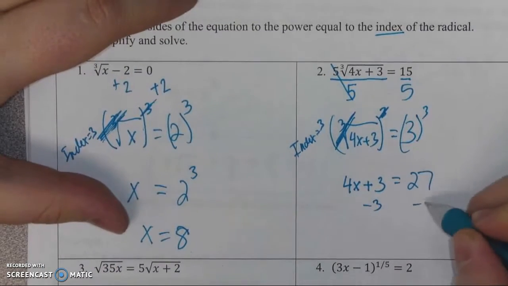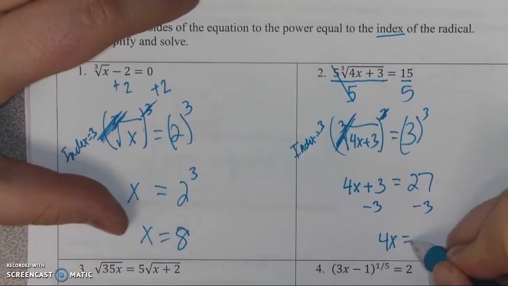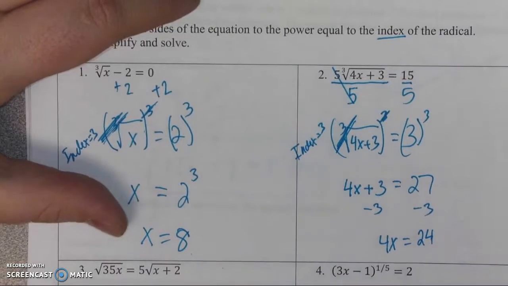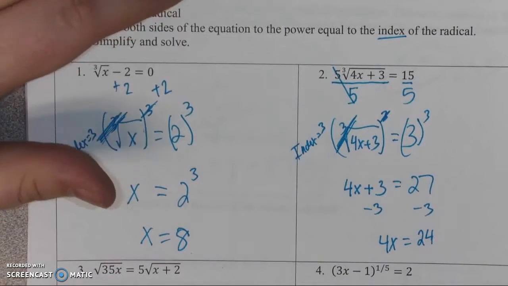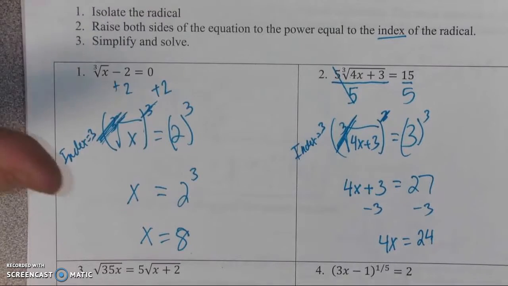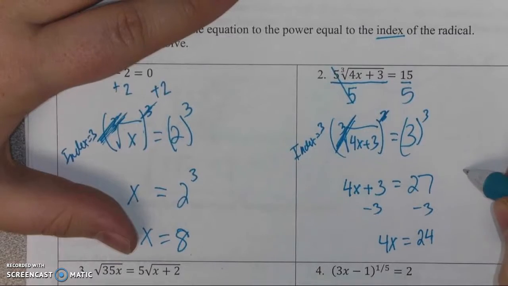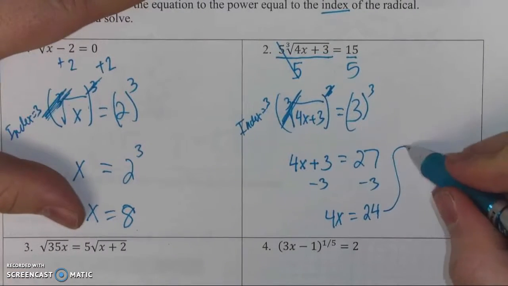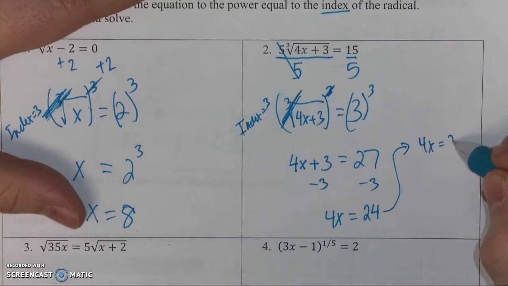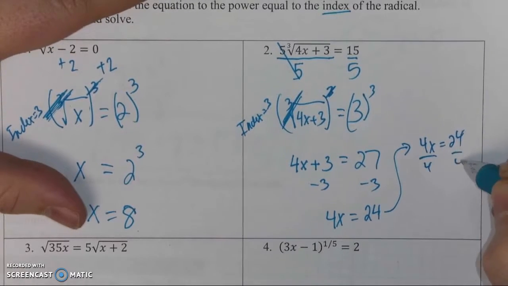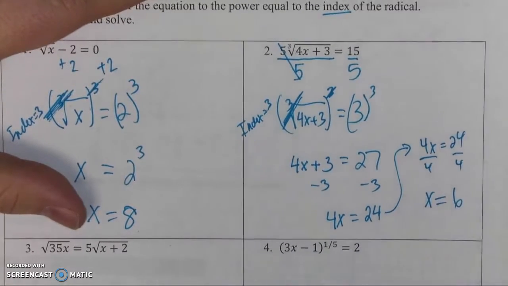Subtract 3 from both sides. So this is 4x equals 24. And certainly you can do 24 divided by 4. So 4x equals 24, divided by 4, so x is 6.